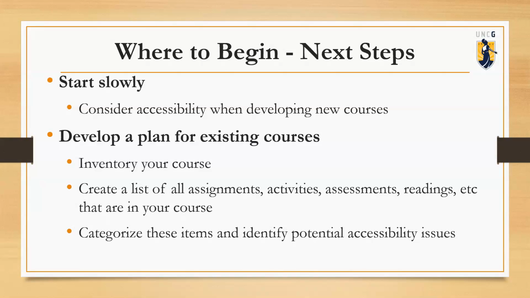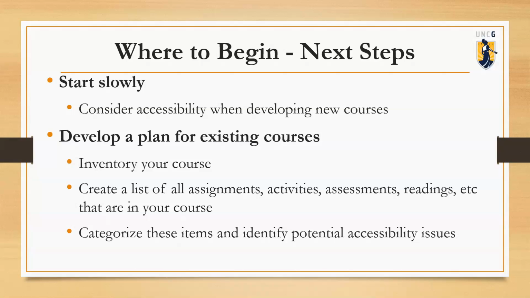With this list, ideally the next step would be to start working on those accessibility issues. Again, I know that that's not always possible, but I can't stress enough, the more you do before that student with a disability enrolls in your class, the less you'll have to do when that occurs.